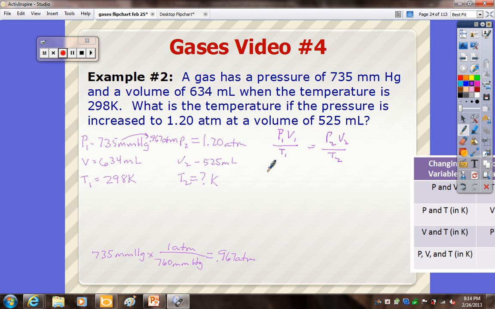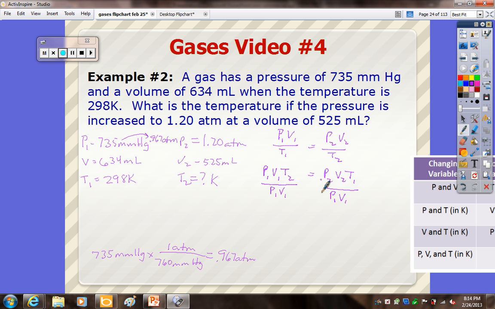P1V1 T2 equals P2V2 T1. Then getting this by itself, I'm going to divide both sides by P1V1. So now this is my formula.